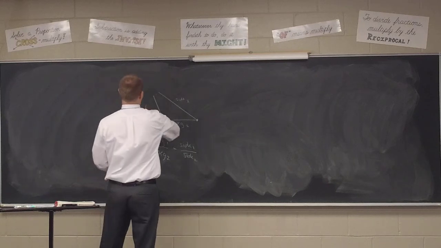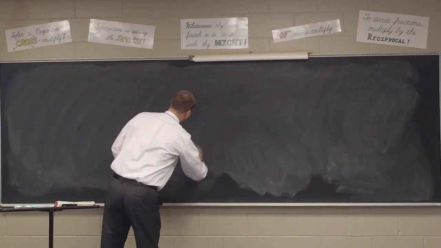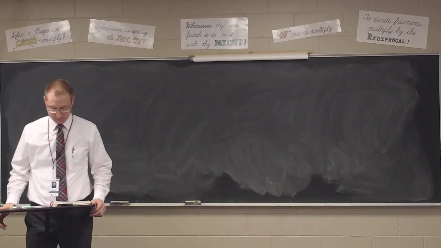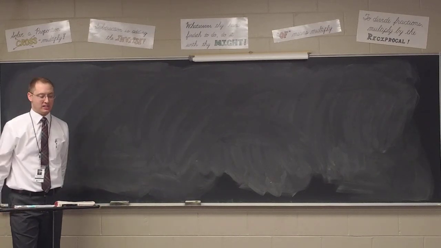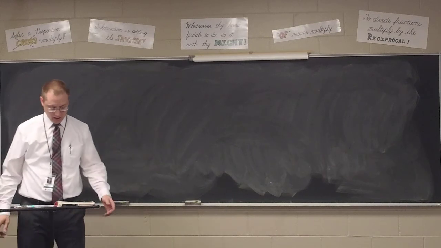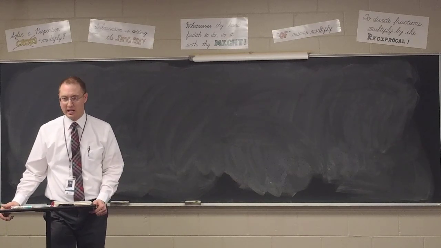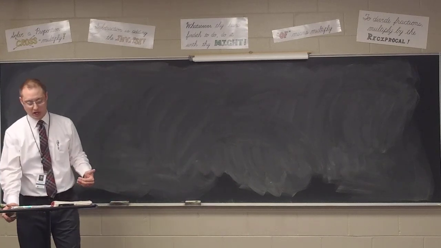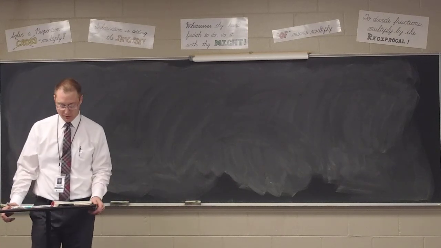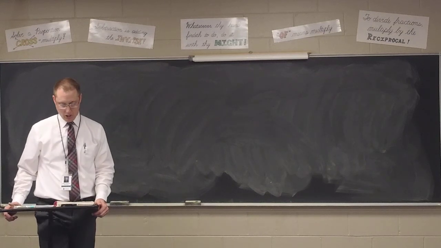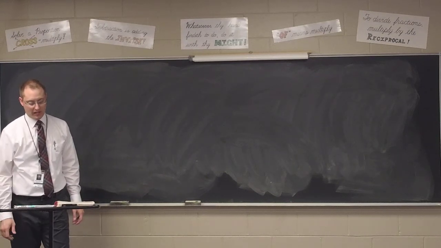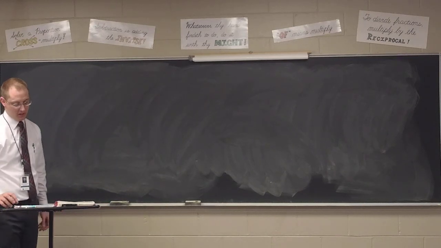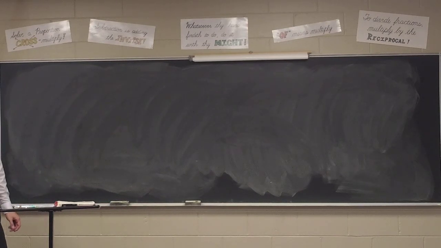Theorem 56 says the bisector of an exterior angle of a triangle divides the opposite side externally into segments which have the same ratio as the other two sides. So we're changing the word interior to exterior, and internally to externally. Otherwise, it's word for word Theorem 55.